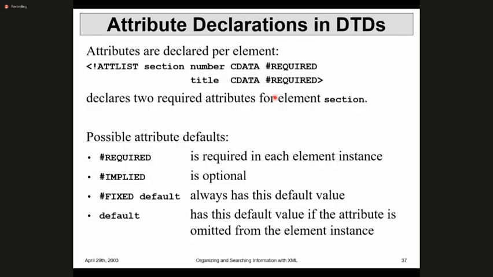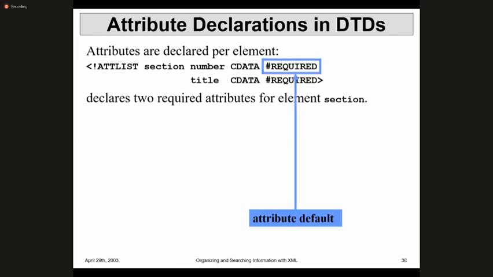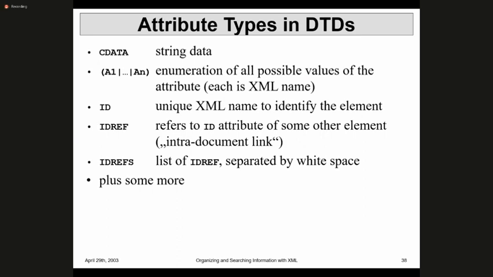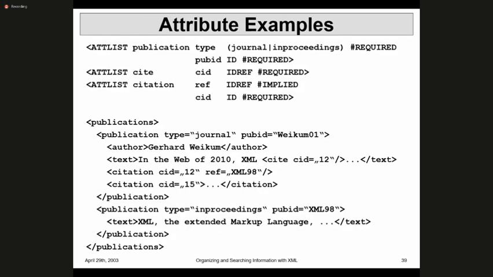Required means you need this attribute in each element instance. Implied means it is optional. Fixed means it always has this default value. Default means it has a default value. So this is an example for attributes.